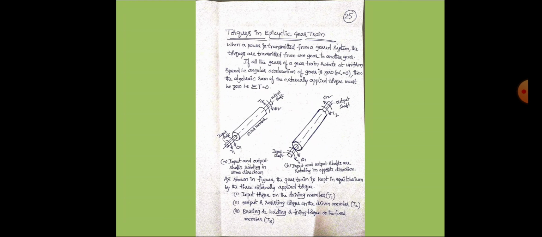So like that, this is how to calculate the torque in an epicyclic gear train. You need not worry, but now I will take up another 3 to 4 problems on gear trains, especially epicyclic gear trains, in addition to the speed and number of teeth which we have calculated.